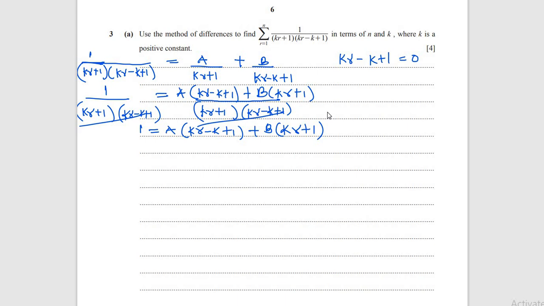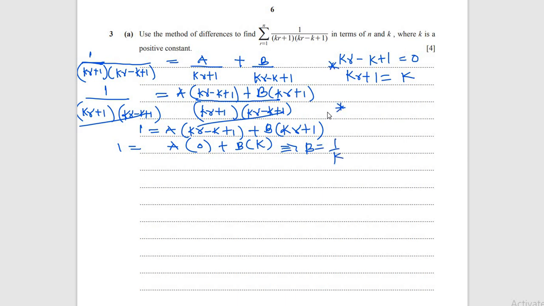From here, kr plus 1 can be equal to k. So 1 equal to, we've equated this to 0, and kr plus 1 is now k, leaving b to be 1 over k.